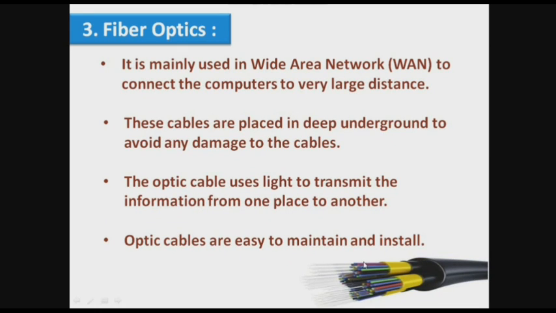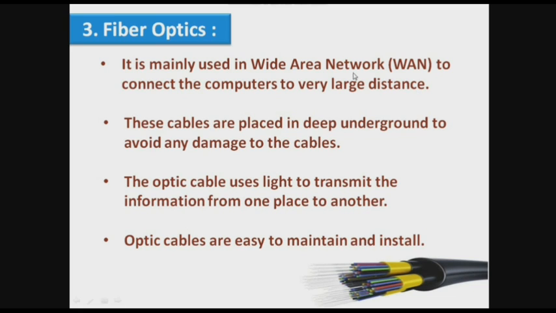So coaxial cable is especially used for local area networks and also for smart televisions, and twisted pair cables are especially used for local area networks and also MANs. But fiber optic cable is mainly used in wide area networks to connect computers over very large distances, up to 100 kilometers.